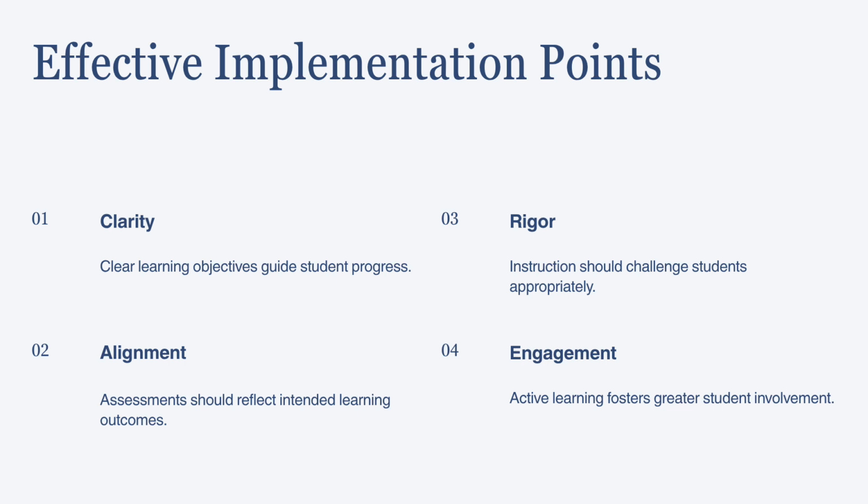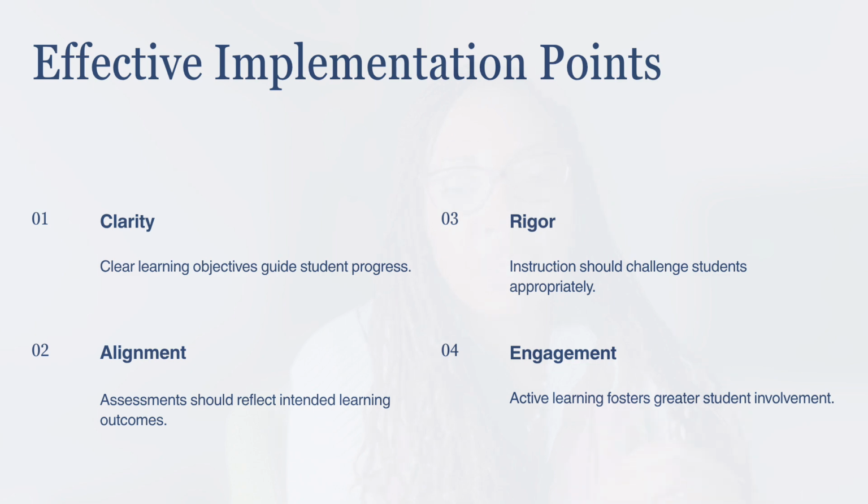Clarification is key, and that starts with a strong understanding of what our learning objectives are. Second is alignment. How do our assessments and our discussions, both formative and summative assessments, quizzes, exams, papers, align with the learning outcomes that I have identified?